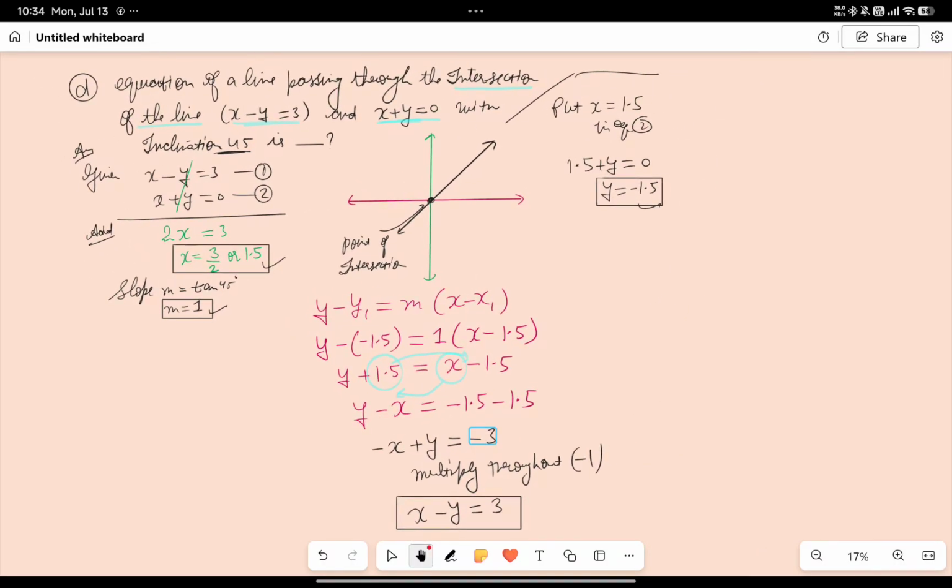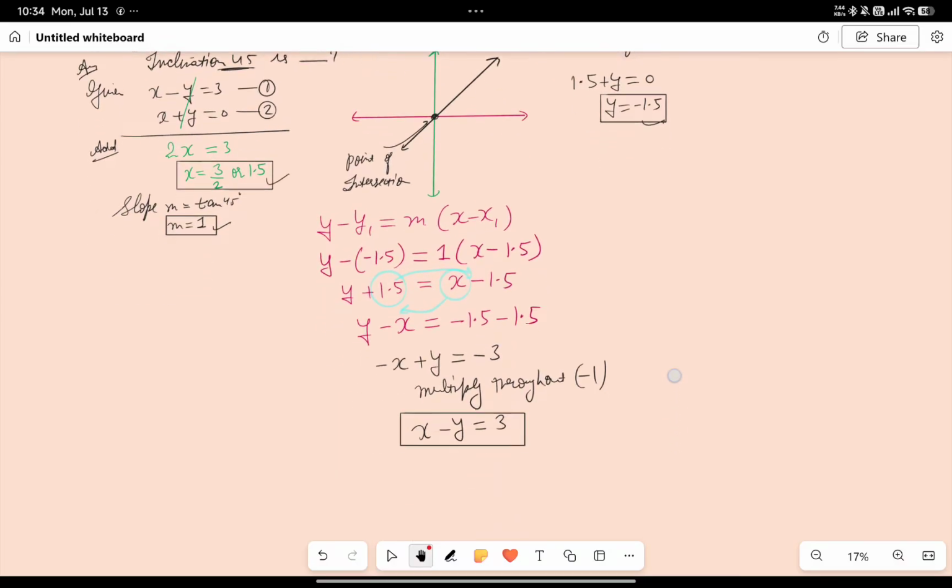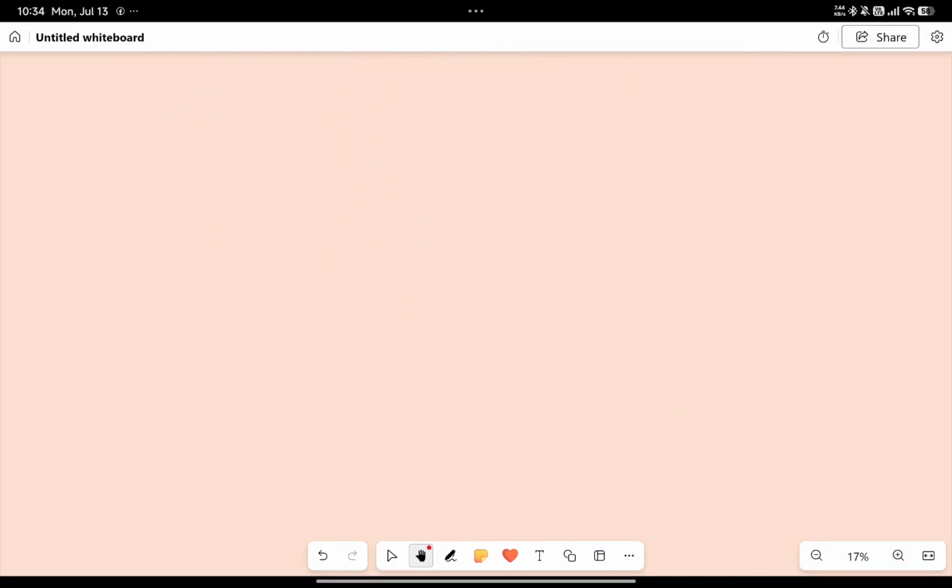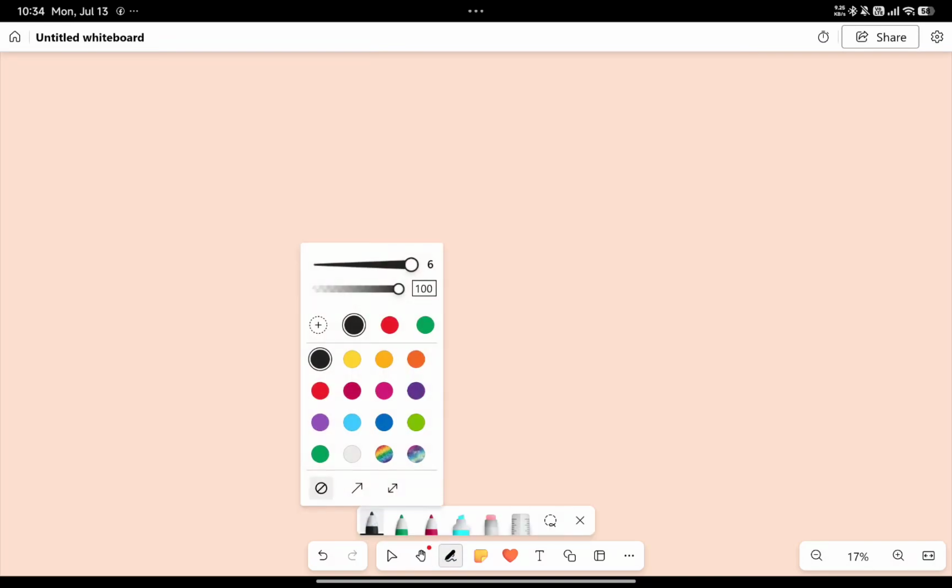You can take the screenshot. Fine. Now let us move into the E part. E part is the last part of this question number first.